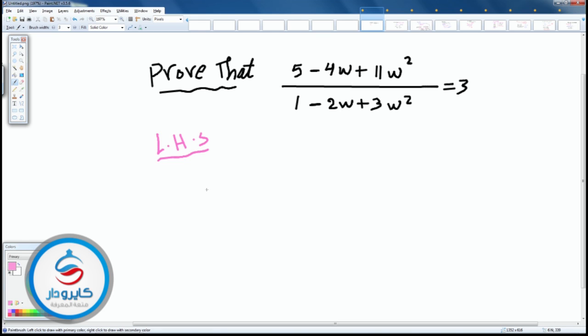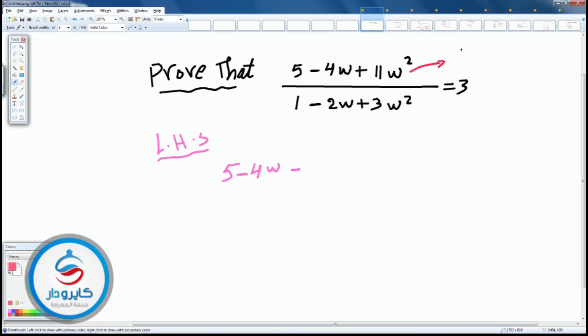Left hand side, we have to write 5 minus 4 omega minus, this is 11 omega square. We can write something like that.